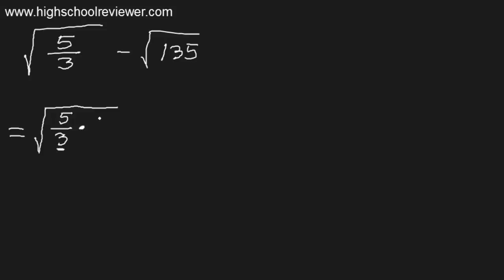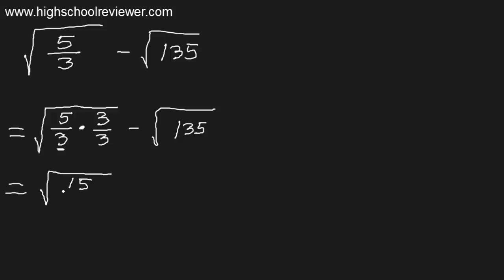So we are going to multiply this by 3 over 3, minus the square root of 135. So we will have here the square root of 5 times 3, that is 15, and 3 multiplied by 3, that is positive 9, minus square root of 135. Okay, so we are not going to touch this first.